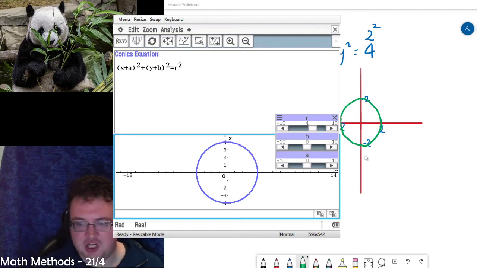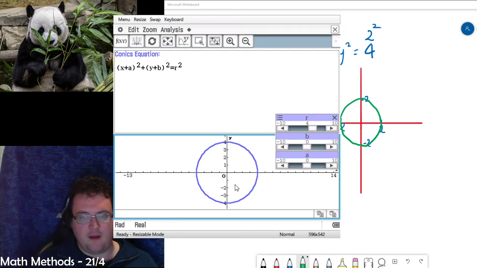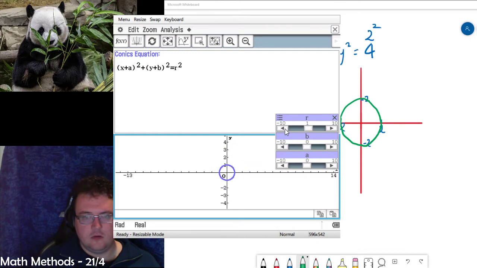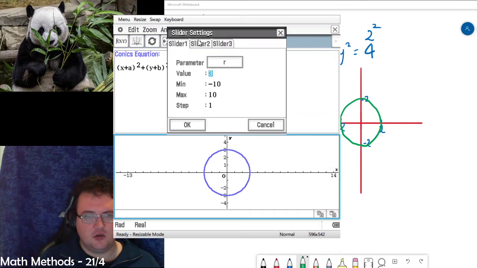All right, and when we change those, that's going to change where the intercepts are. But you've got to remember that your intercepts are going to be r units away from wherever the center is, no matter where I move my equation to.